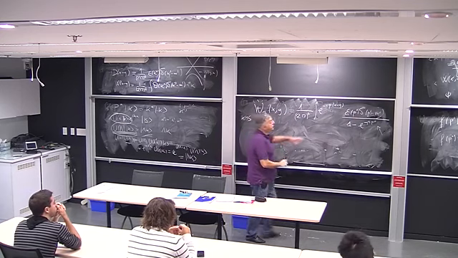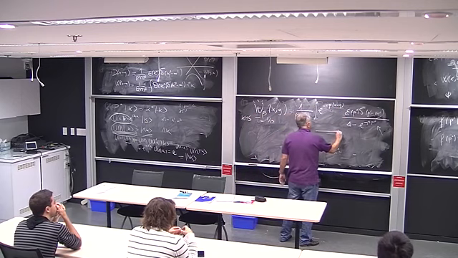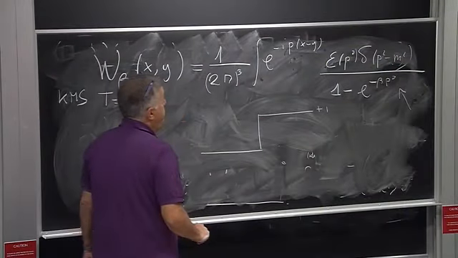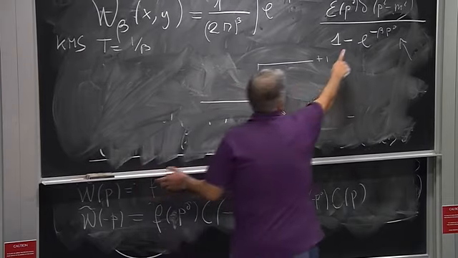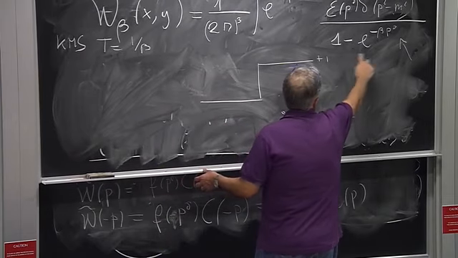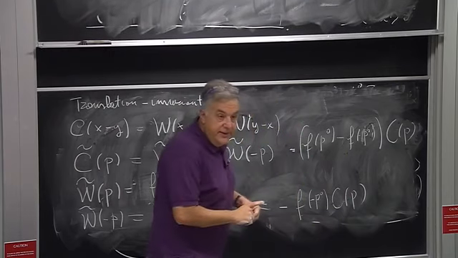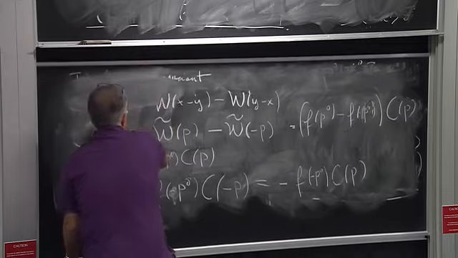So you see here you have this epsilon. Epsilon is the function which is +1 when p0 is positive and -1 when p0 is negative. Okay? So you can write this denominator by splitting using the sign of p0.